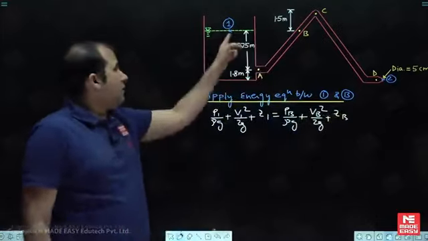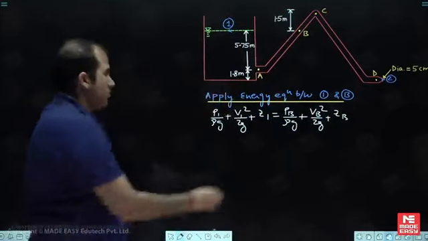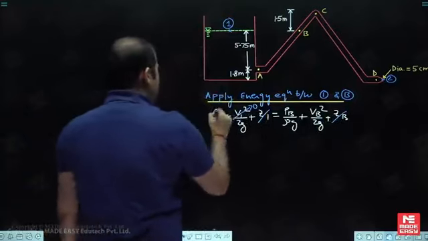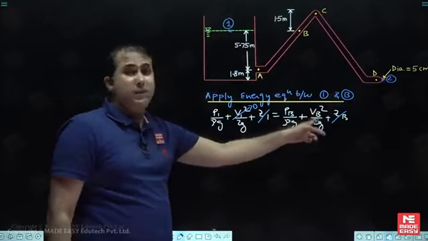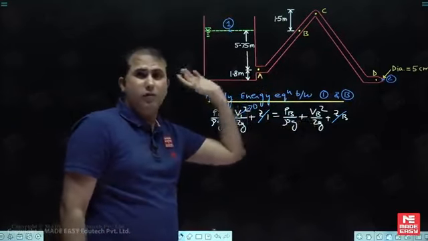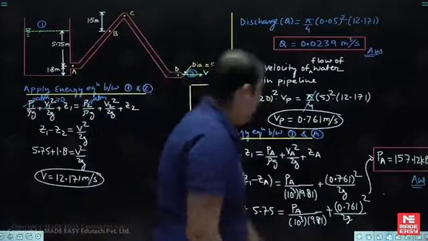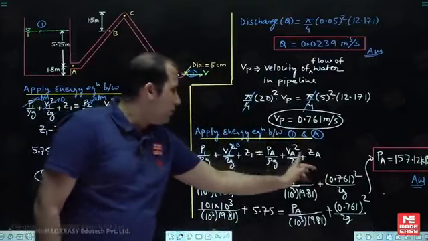Okay, Z1 and ZB, that is same. So this and this is cancelled here. Okay, this is 0 and this value they have given. What value will we take? VB is same as velocity of flow of water in the pipeline, that is 0.761. I think what we have done here, the calculation 0.761. Okay, the same value.